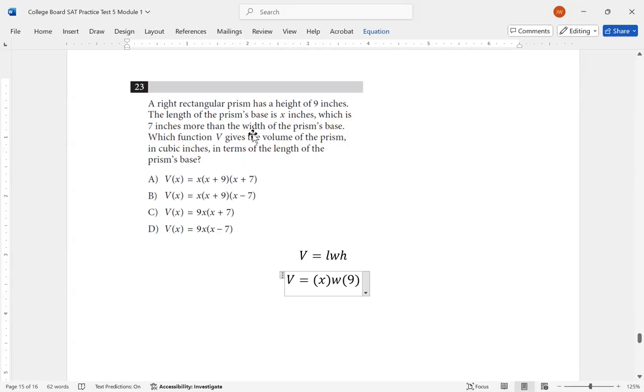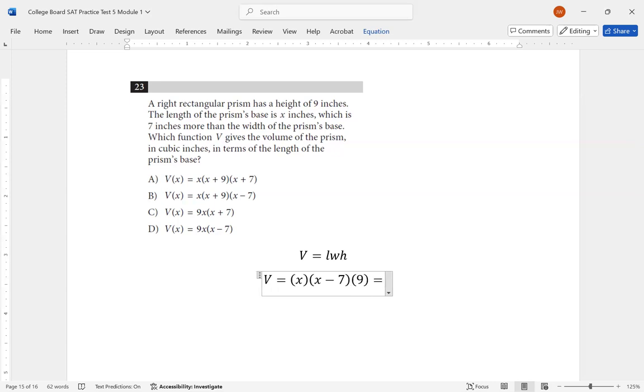Now that's a little bit tricky. 7 inches more than the width means that the width is 7 inches less than the length. So the width is going to be x minus 7. And so that's the value.